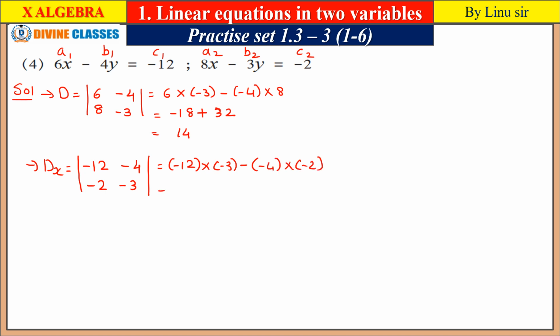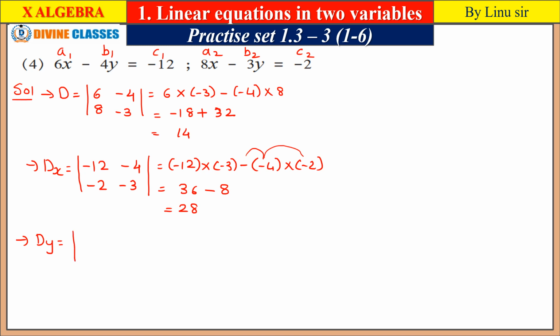So minus 12 into minus 3, negative into negative is positive, 12 3s are 36. Here negative into negative is positive, positive into negative is negative. So 4 2s are 8. Now what is 36 minus 8? It is 28.